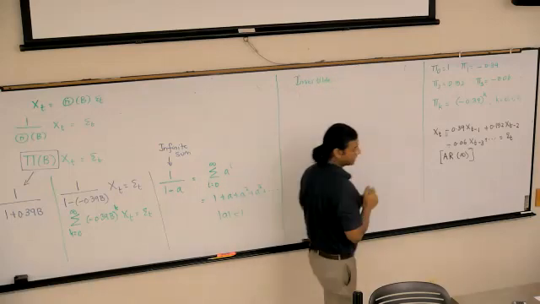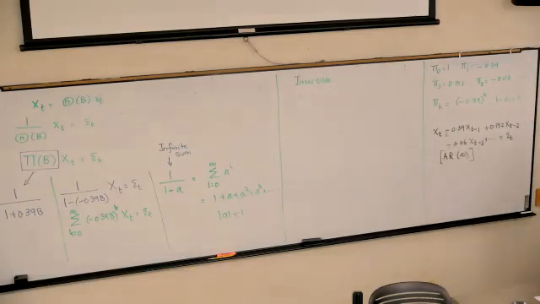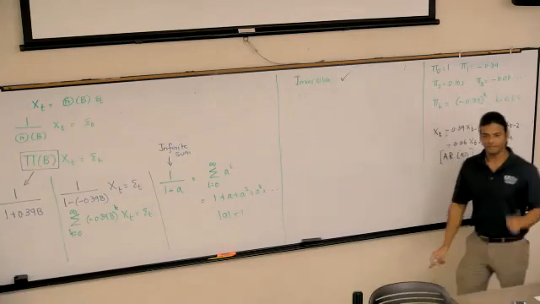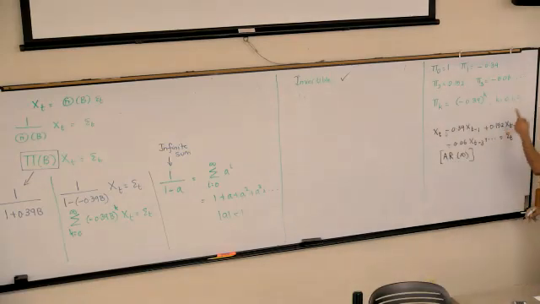Did we meet the condition for invertibility? Yes, because I was able to take theta of B from the right hand side, divide it out, and get an AR infinity series.